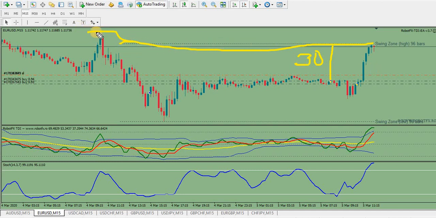It was even higher than what it is now, because this was the highest high at that point.